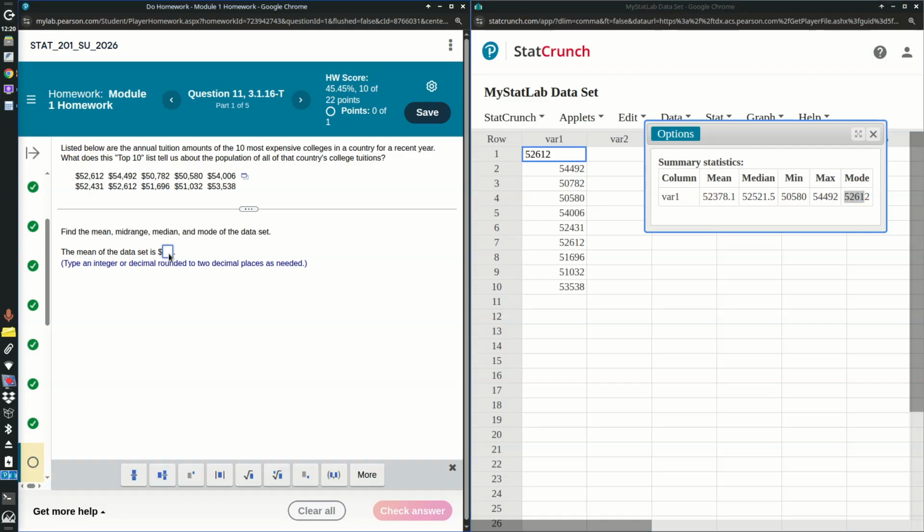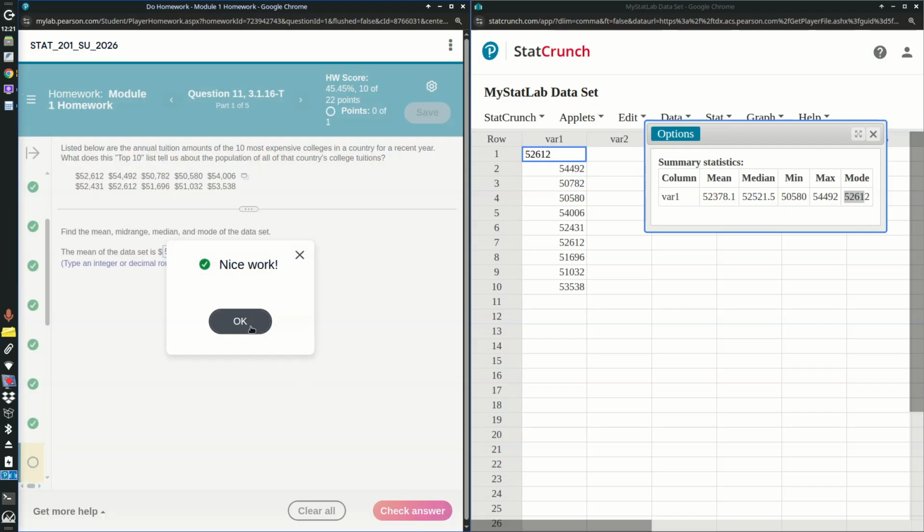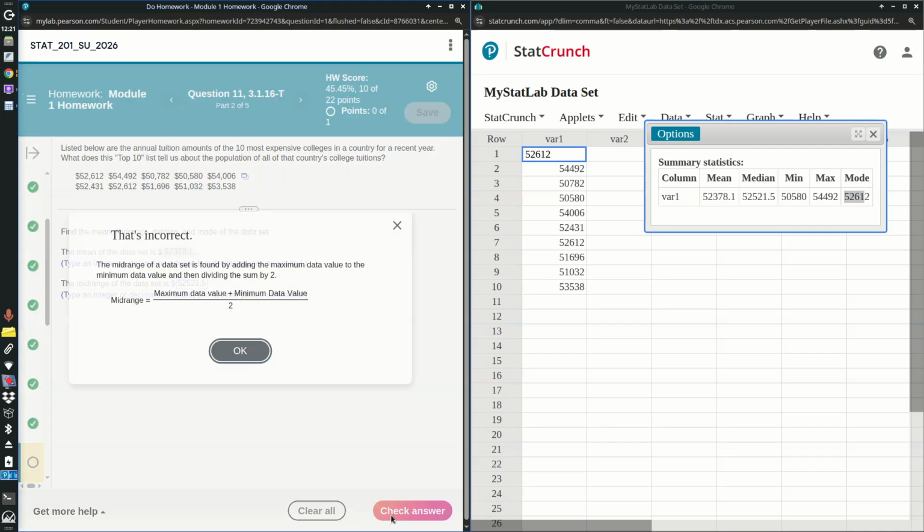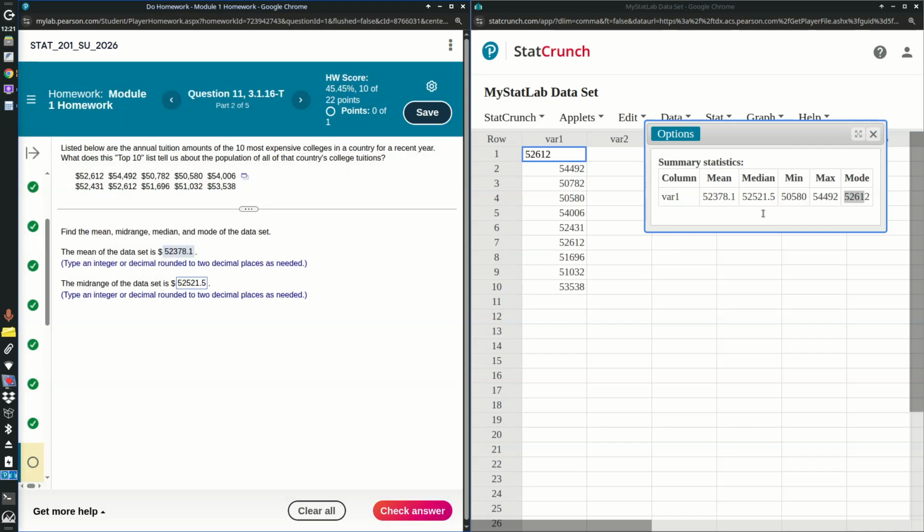52,612. Okay, so the mean here is 52,378.1. The median is 52,521.5.